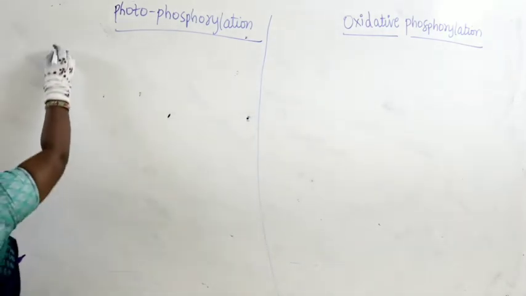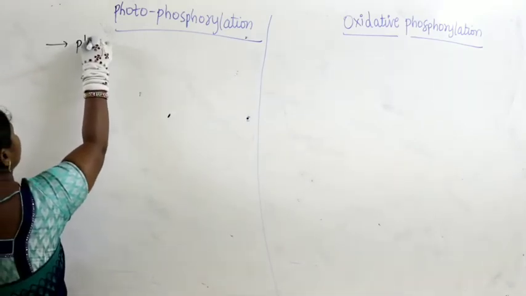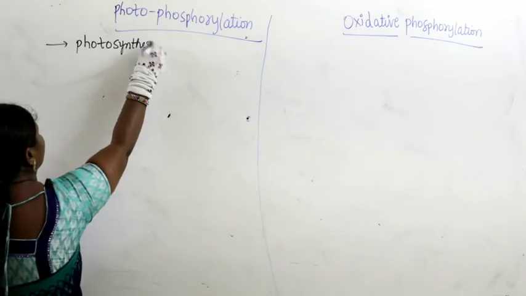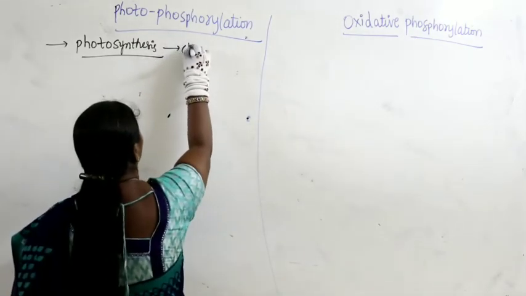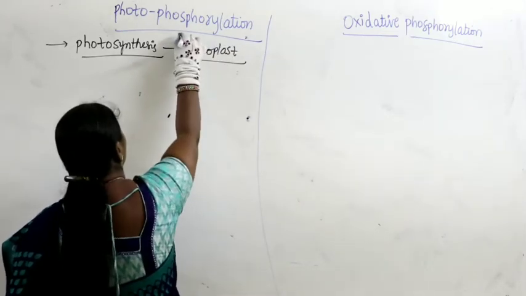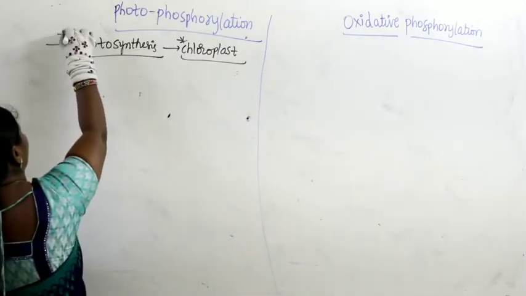Now if you look at photophosphorylation, in which process does it happen? It happens in photosynthesis, right? Where in photosynthesis? At the time of the light reaction. It happens in the chloroplast.